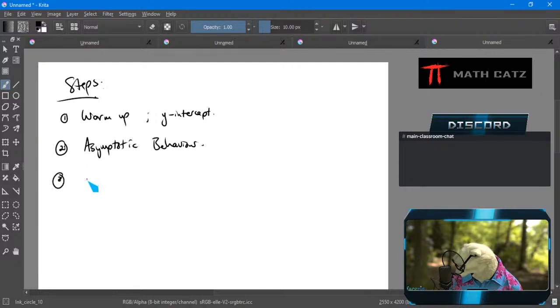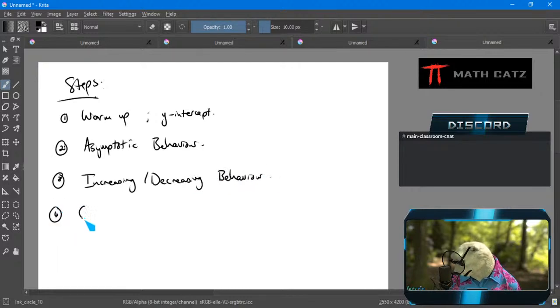Then we looked at increasing, decreasing behavior. And we looked at concavity now, which I think might have been easier than increasing, decreasing behavior. So notice how these are following each other, apart from the first one.